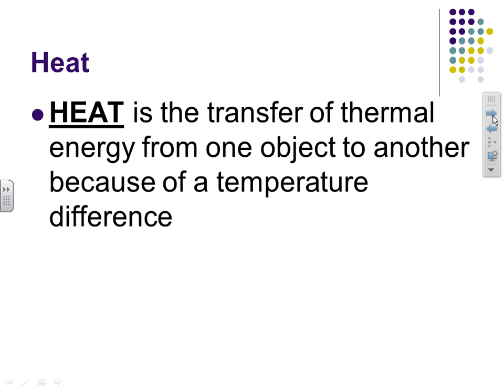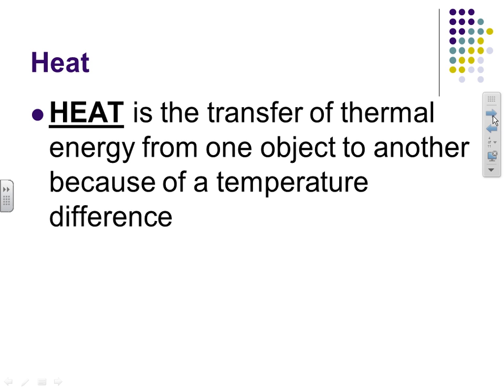Now, specifically, it says transfer of thermal energy from one object to another because of a temperature difference. How is heat going to flow? If it flows because of a temperature difference, which way does it go? Away from whatever has more thermal energy to whatever has less thermal energy.